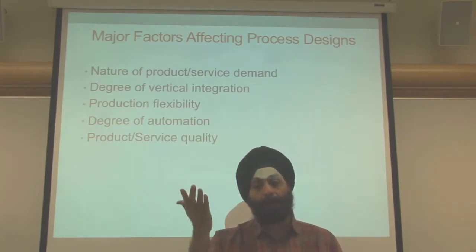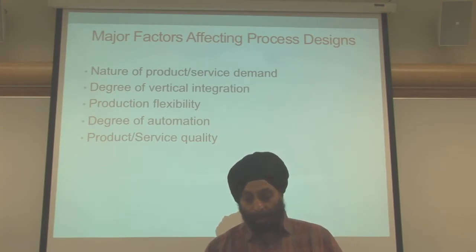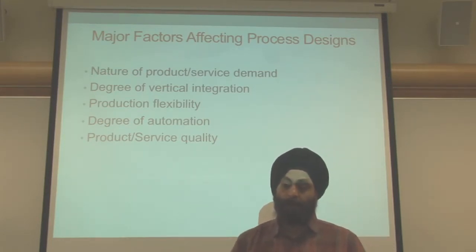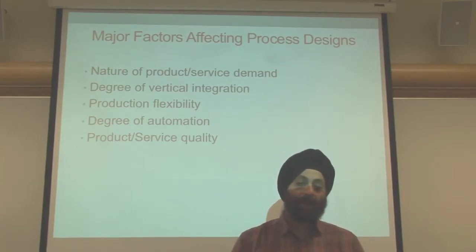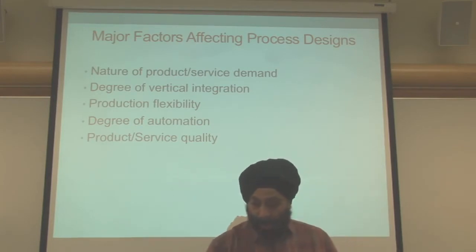Can we easily ramp up our production, or is it pretty fixed once the production volume is decided capacity-wise? Degree of automation: to what level can work be delegated to machines, or does most of it have to be done by human workers? And then product and service quality considerations come in.